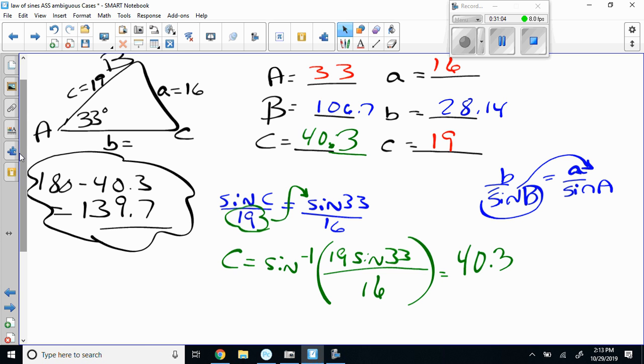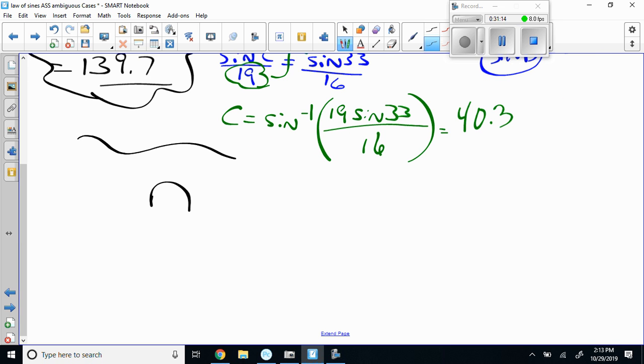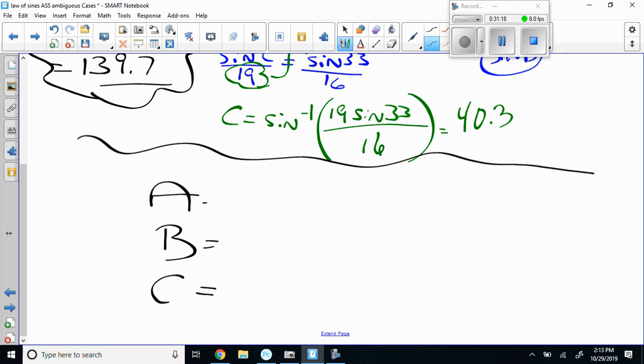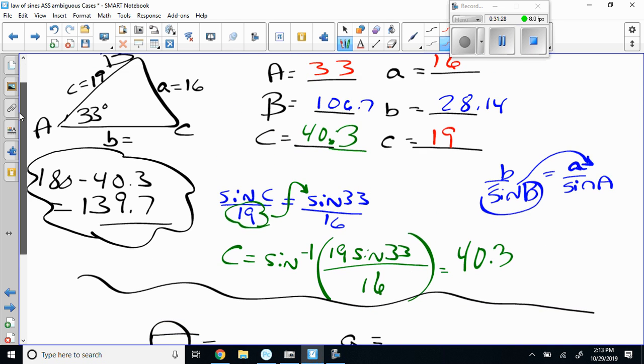Okay? So, for grins and giggles, I'm going to do this. Note that, let's see, what was given? 33, 16, and 19, right?